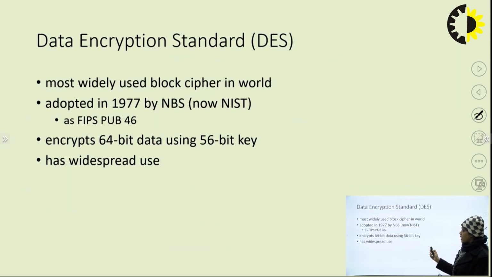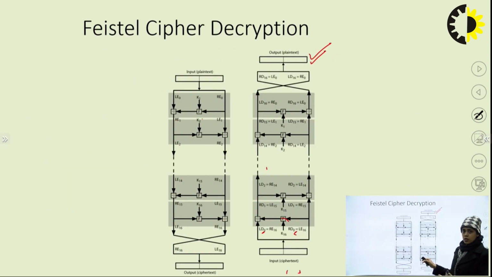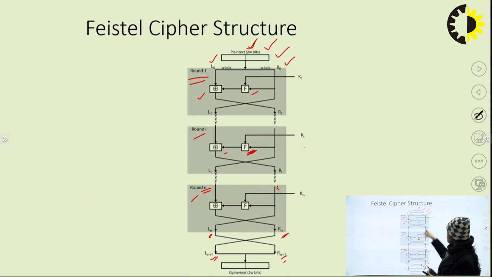I'm again going back to the Feistel cipher structure. This Feistel cipher is actually the base for DES. You can see the right half is processed with the Feistel function and this key, and the result is XORed with the left half, and it is produced as an output going to the right hand side. And this right half goes directly to the left hand side. So from there you can easily understand the values of these left and right halves.